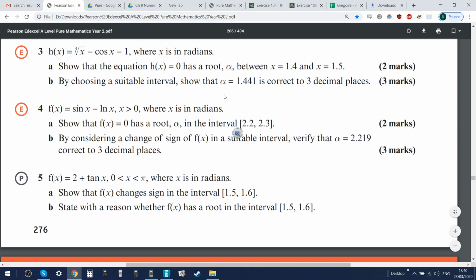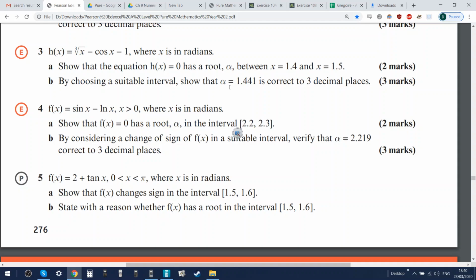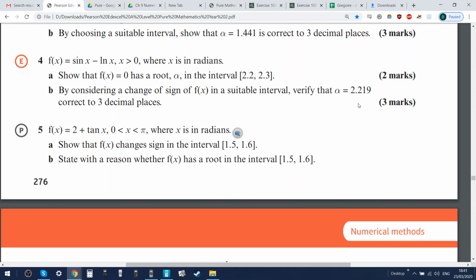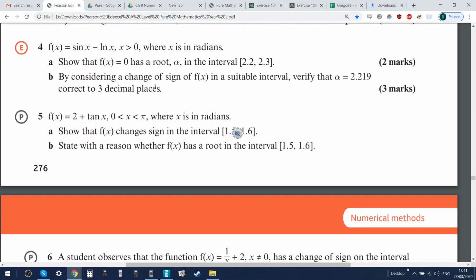How would you do part B for question 3? Part B, choose a suitable interval, show that alpha is 1.441, so you choose 1.4405 and 1.4415, and then you just do it between those two boundaries. You sub it in. So part A, show that there is a root in that interval, and then part B, verify that this is the root to 3 decimal places.